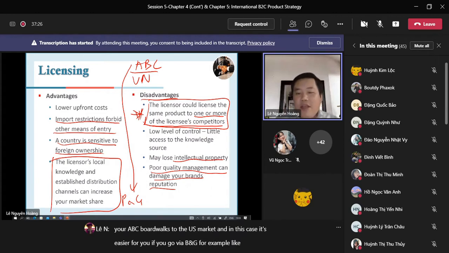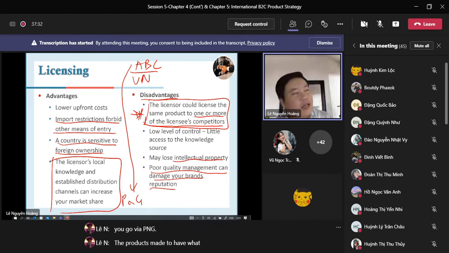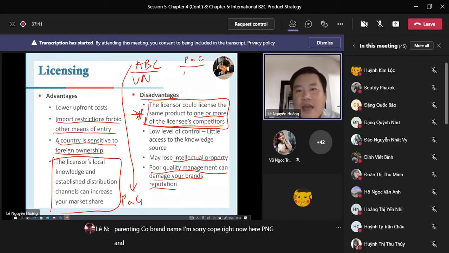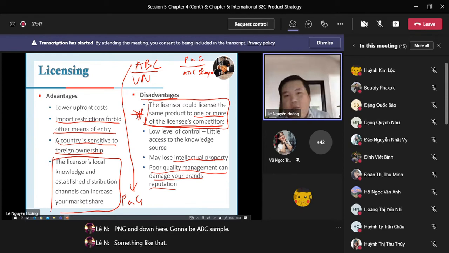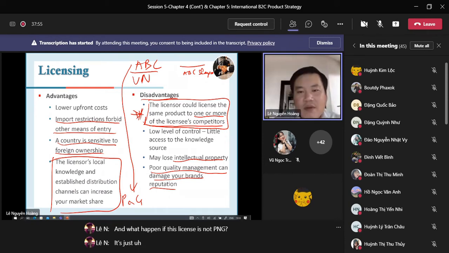So when you go via P&G, the products need to have a co-brand name. Here P&G, and down here ABC sample, something like that. And what happens if this licensor is not P&G?